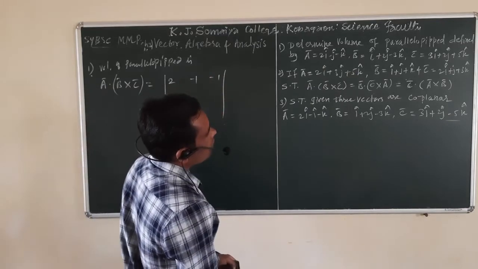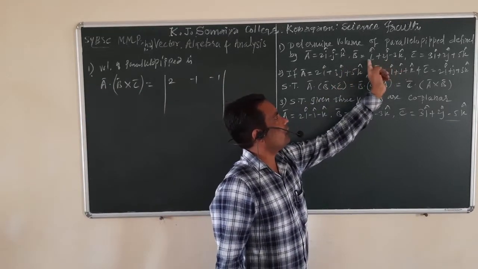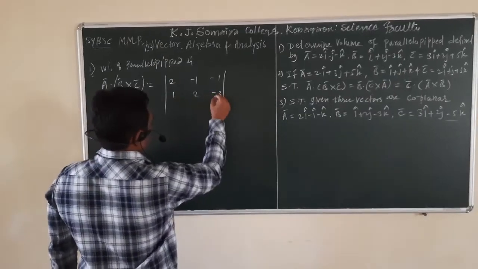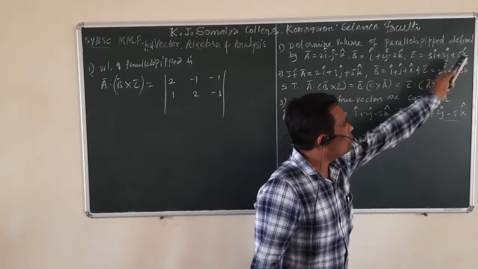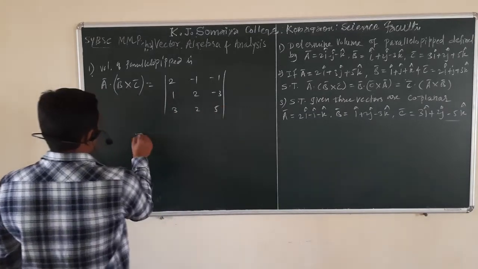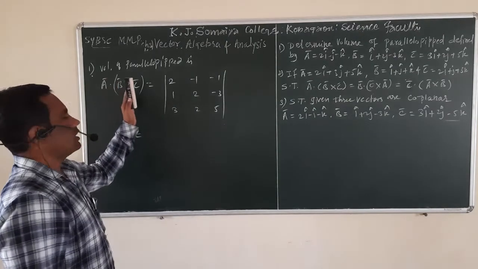Then in the second row, the components of vector B, Bx, By, Bz, which are 1, 2, -3. And the vector C in the third row: 3, 2, 5. Now solve this determinant to get the scalar triple product.